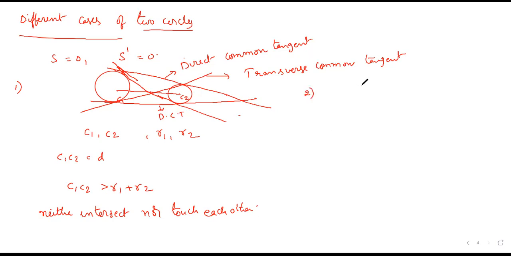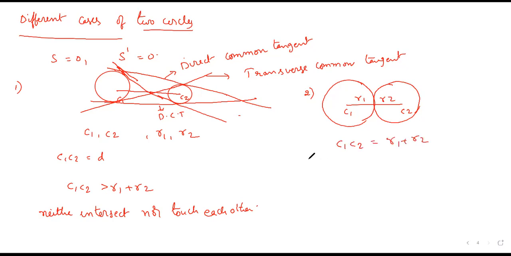Next, the second case. Suppose the two circles touch externally. Then C1C2 is nothing but R1 plus R2. So if C1C2 equals R1 plus R2, then the two circles touch externally.